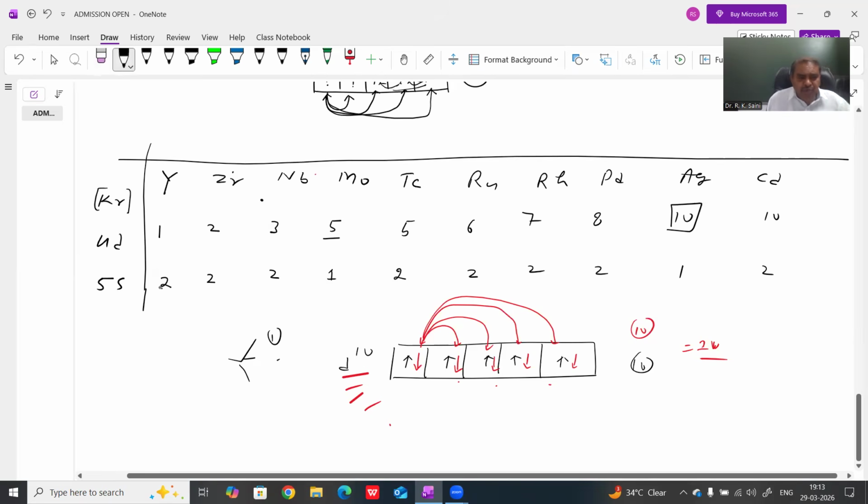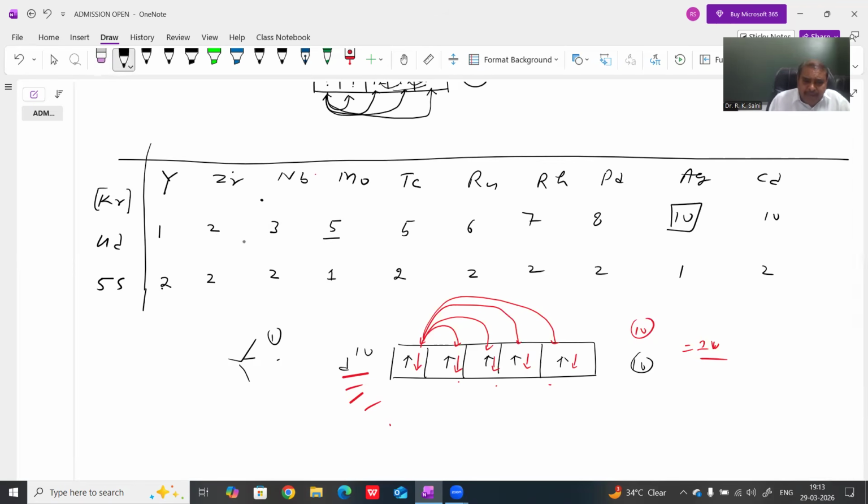After the 5s is filled, then 4d electrons: 1 in yttrium, zirconium the same, but the exceptions start from niobium. These exceptions are very important and asked in many exams. For example, in niobium, there is only 1 electron in 5s and 4 electrons in the d orbital.